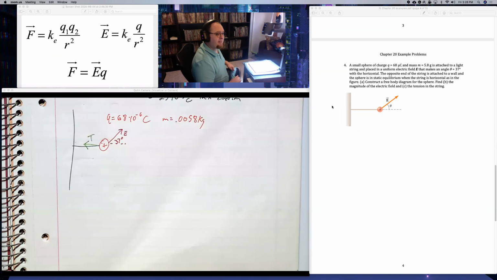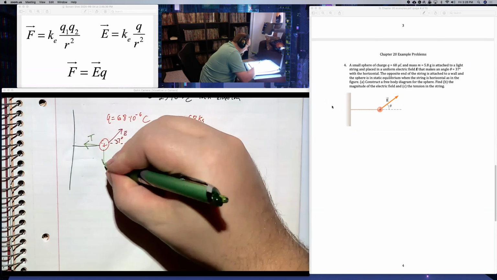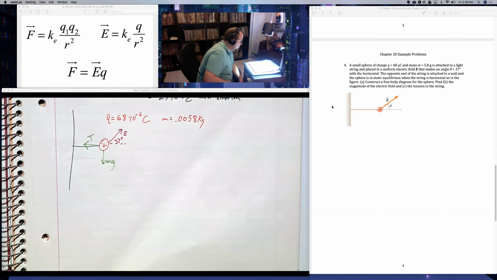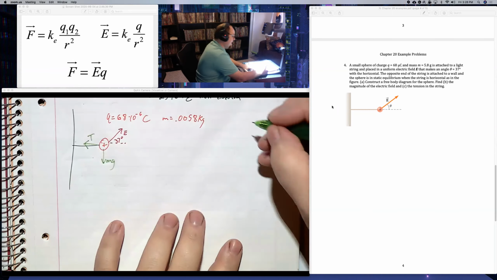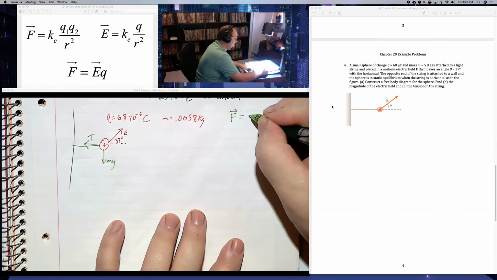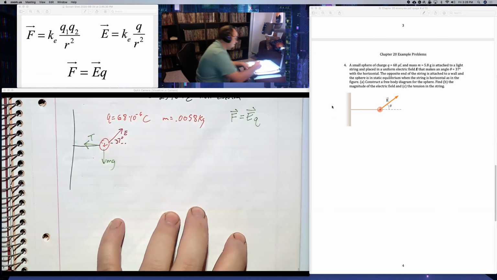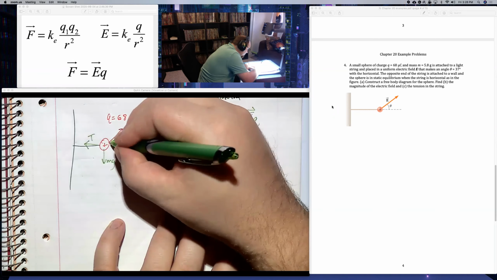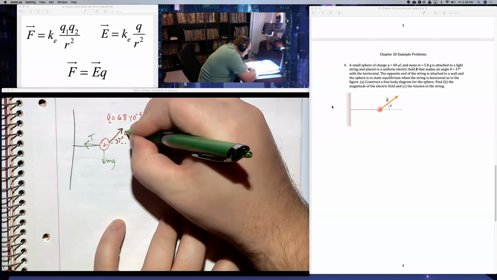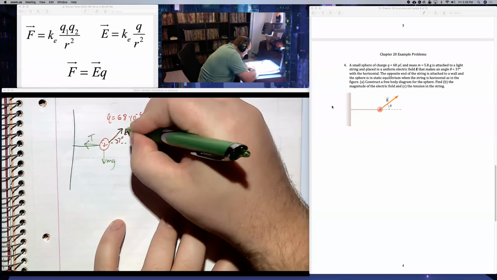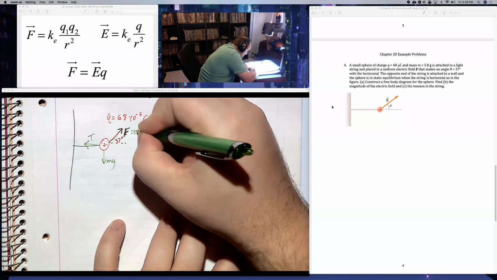They also give a mass, which means gravity is going to affect it. But this is a charged particle in an electric field. Anytime a charged particle is in an electric field, it feels a force equal to EQ. So this red arrow is also a force arrow, where the force equals EQ.